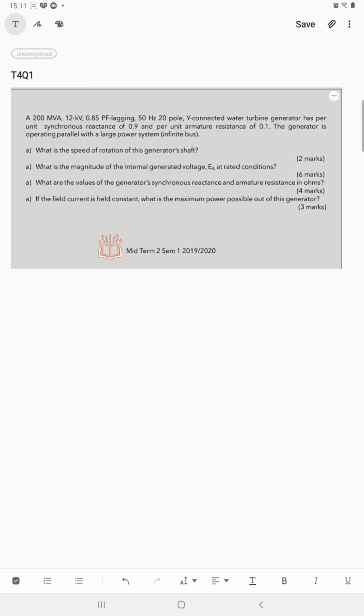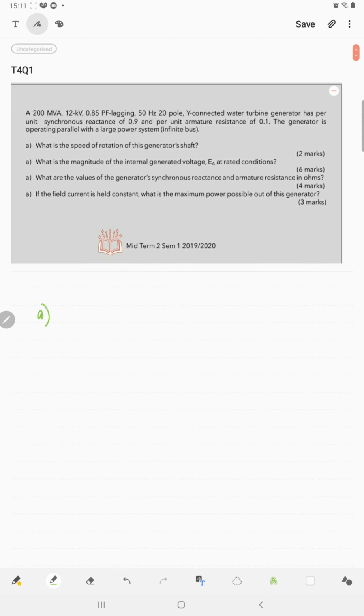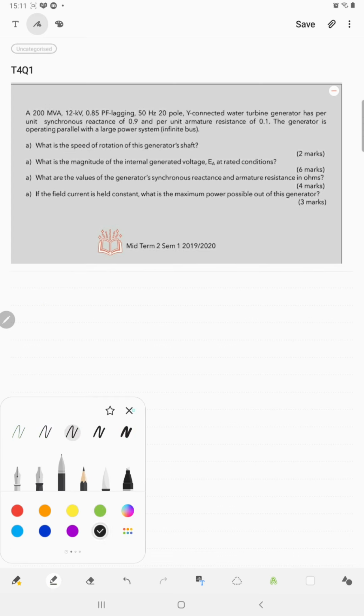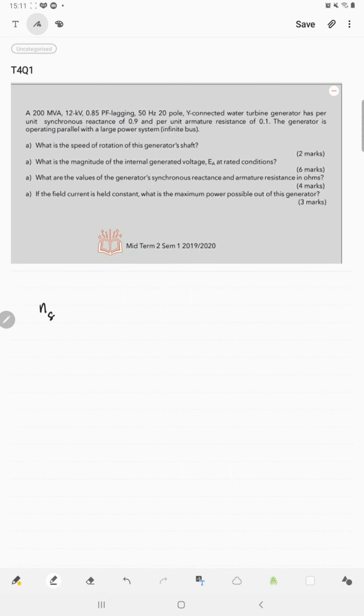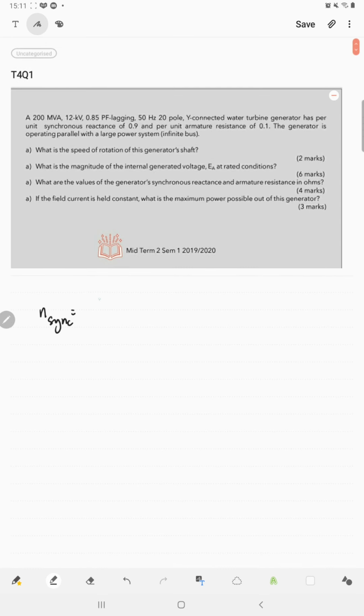Let's take a look at the first question. It's 2 marks. What is the speed of rotation of the generator shaft? This refers to the synchronous frequency, or synchronous speed. The synchronous speed is 120 times the frequency of the system divided by the number of poles.